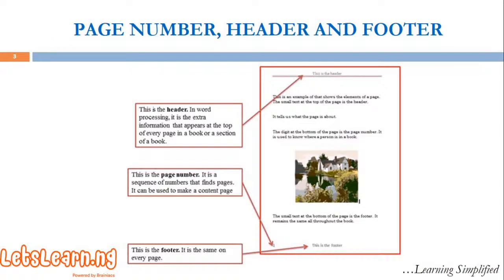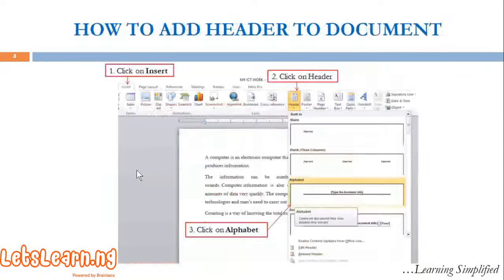With ease, you say, we have 256 pages in this book or 37 pages in this book, because the pages of the book were numbered. I hope you understand the concept about page numbering, header, and footer. If you have, let's quickly dive into how to add header to our documents.